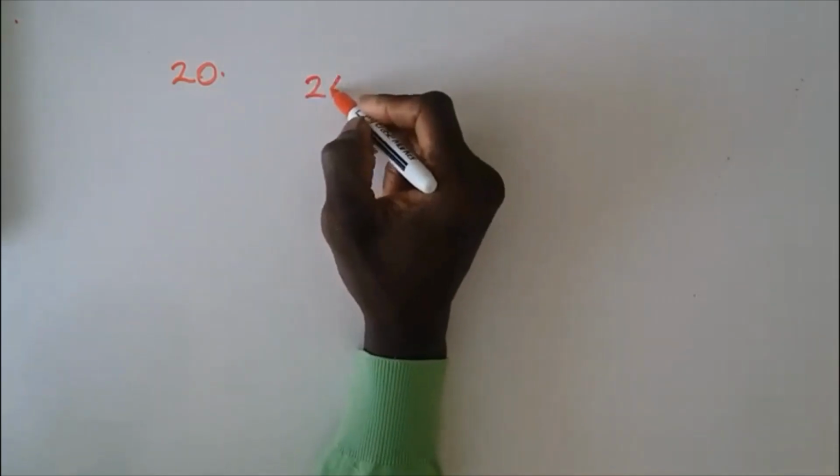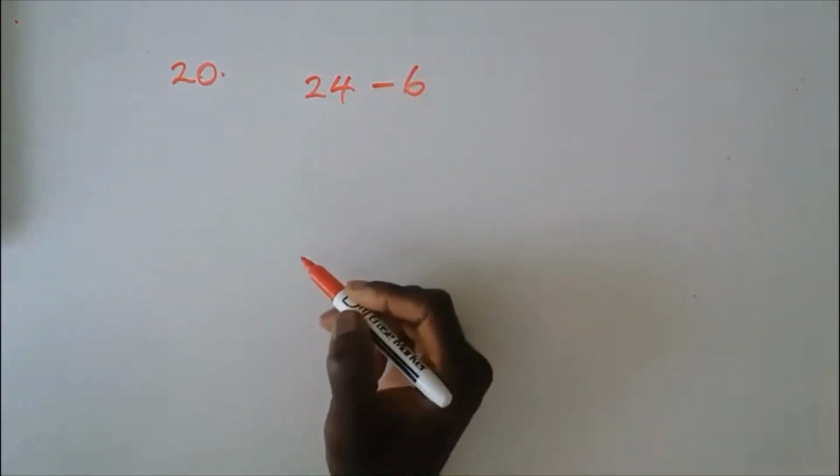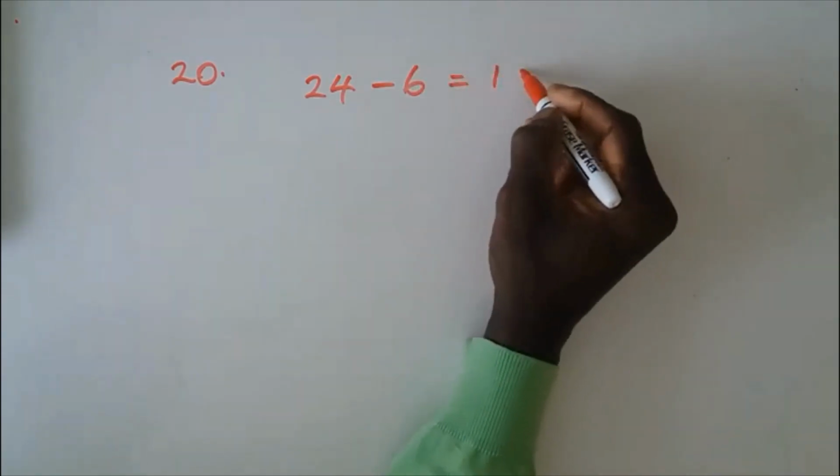Number 20. During the day, Madeline slept for 6 hours. What percentage of the day is Madeline awake? If she slept for 6 hours, and we know that there are 24 hours in the day, then she was awake for 24 take away 6, which is 18 hours.